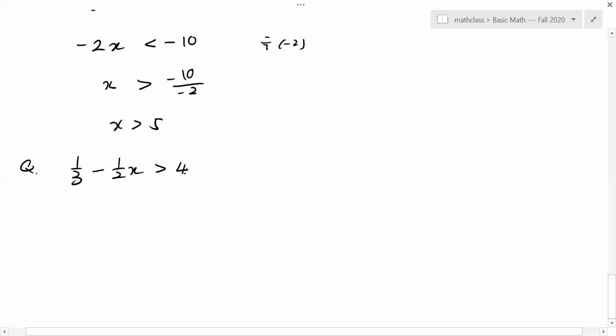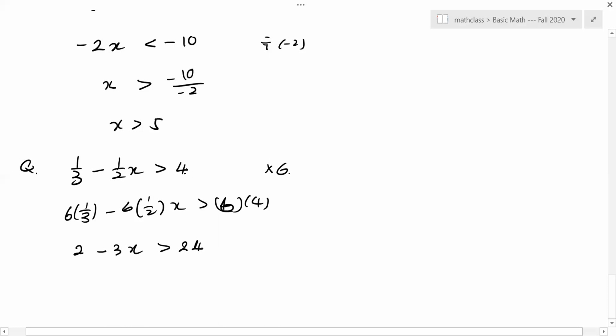Well, just like solving an equation, right? First of all, you don't like the fraction, so you multiply each term by the least common multiple, which is 6. So it would be 6 times 1/3 minus 6 times 1/2 x greater than 6 times 4, right? And this will be 2, that will be 3x, greater than 24.